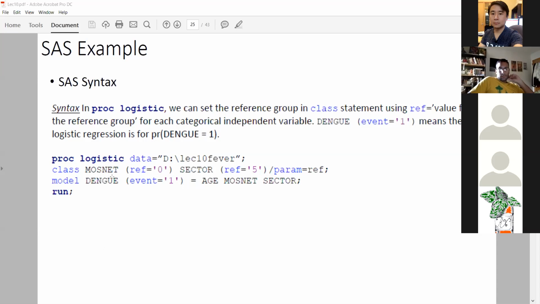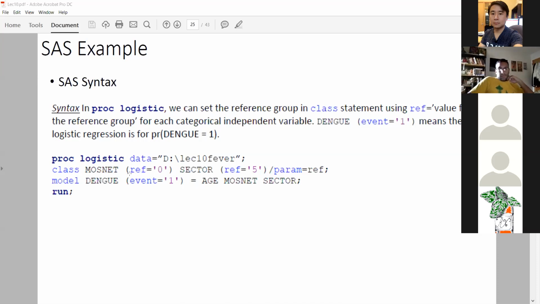Yeah, so the dengue event 1 is fine. What I'm concerned about is the sex that I put reference, ref. Should I change that to event? Would it change it? No. In the class statement, it's generic. It's not just in proc logistic. It can be in proc GLM, it can be in proc REG, it can be any proc.